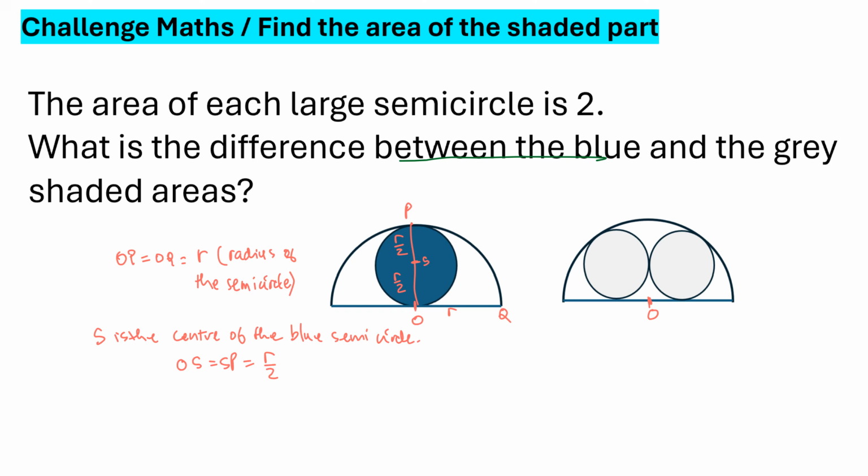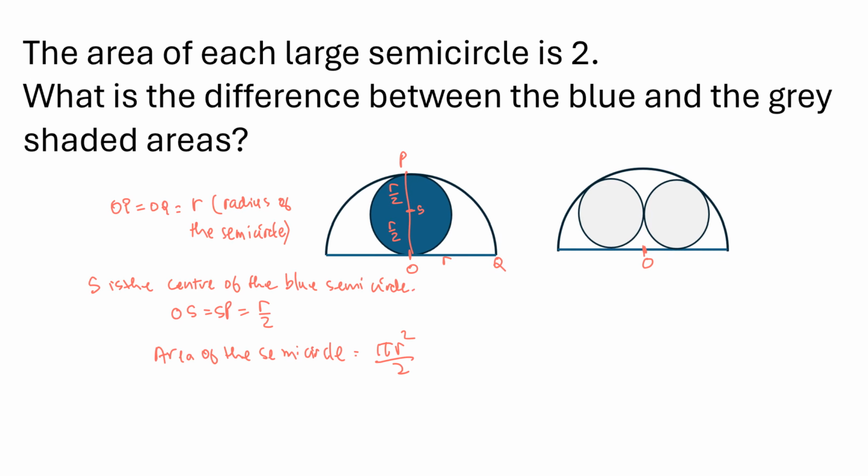Now we're given the area of the semicircle. So area of the semicircle is pi r squared over 2.